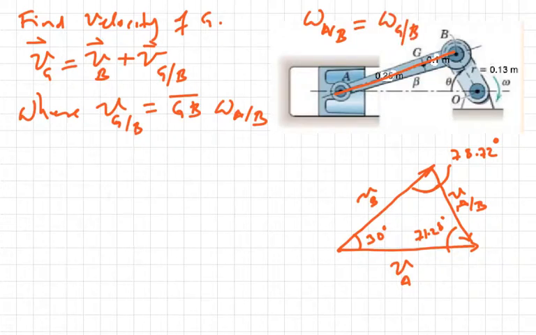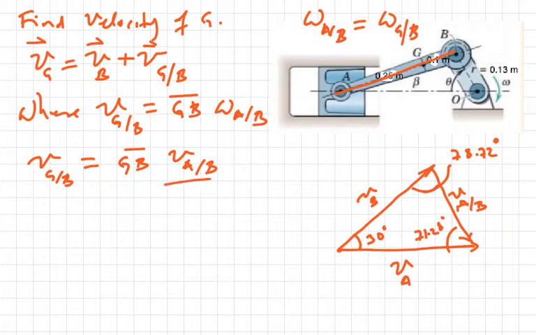So in this case, VGB will give us GB. We know what GB is, but let's just write GB. And then omega AB will be velocity VAB over the distance AB.